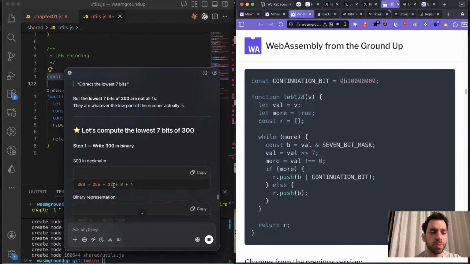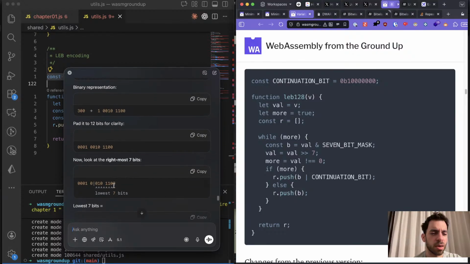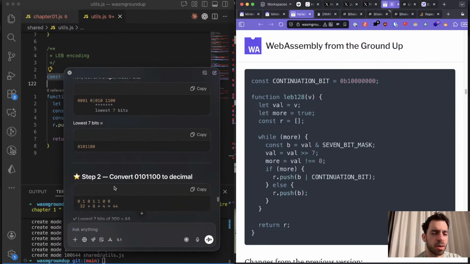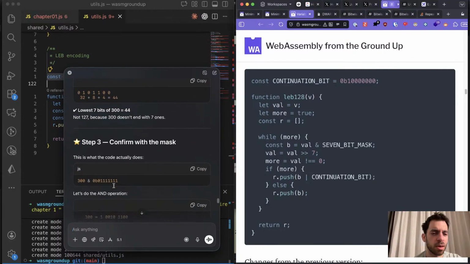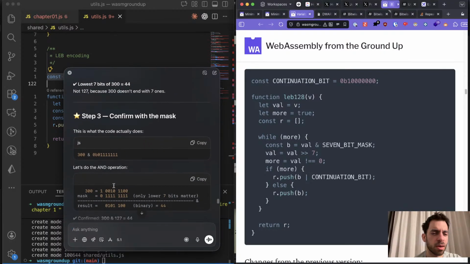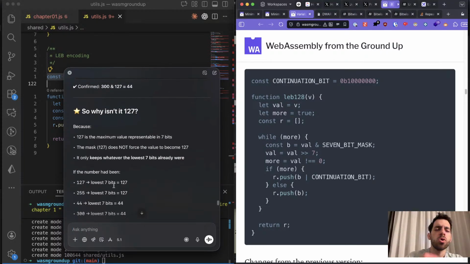Oh, but the lowest 7 bits of 300 are not all ones. Right. They're whatever the low part of the number actually is. Oh, shit.